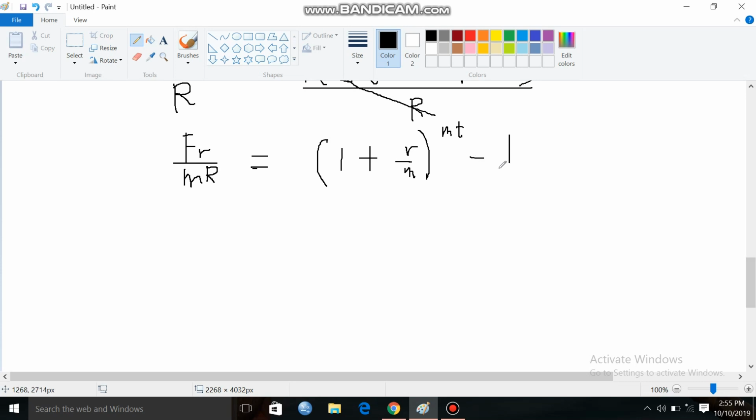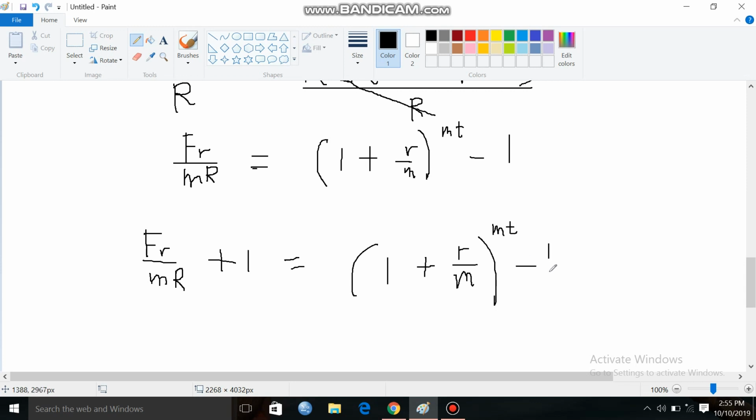The opposite of subtraction is addition, so we add 1 to both sides. So Fr over mR plus 1 equals 1 plus r over m raised to the power of mt, minus 1 plus 1.